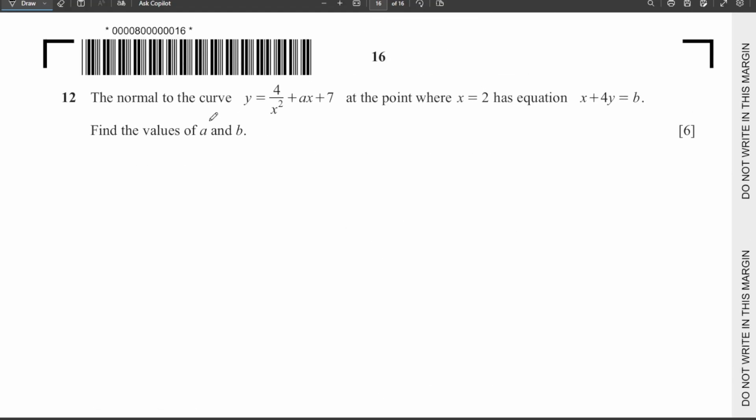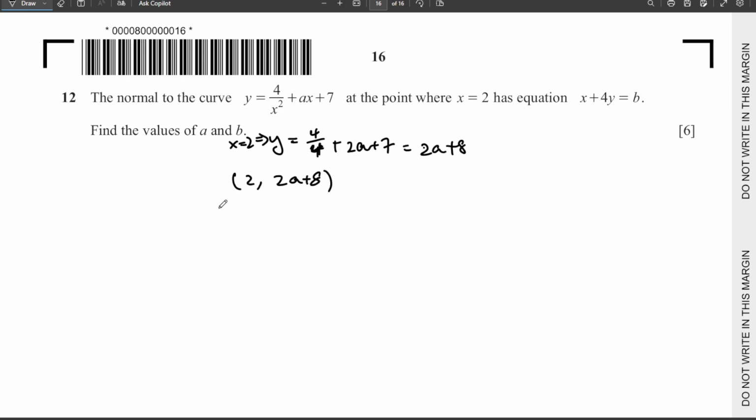Final question, the normal to a curve at the point x equals 2 has this equation, find the values of a and b. So basic calculus type of question. First, let's try and find the y coordinate at x equals 2. We know our coordinate is this.